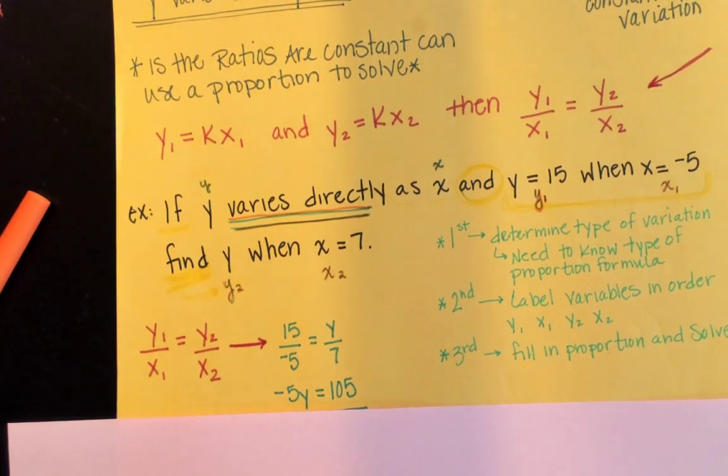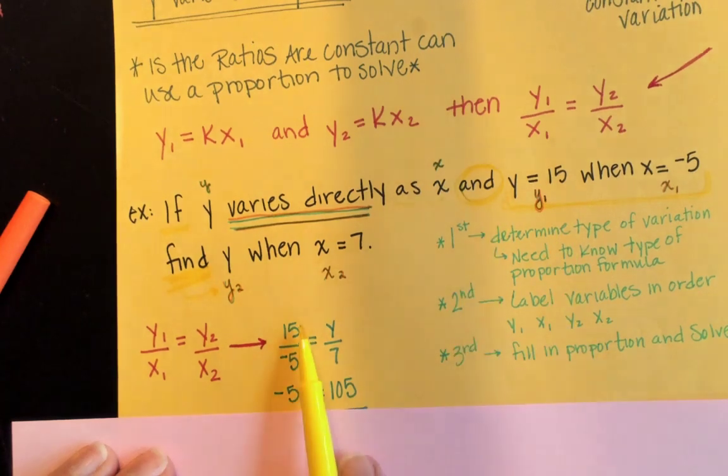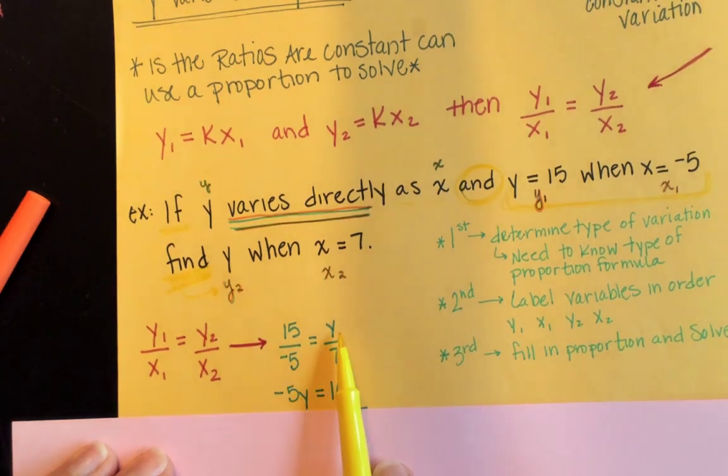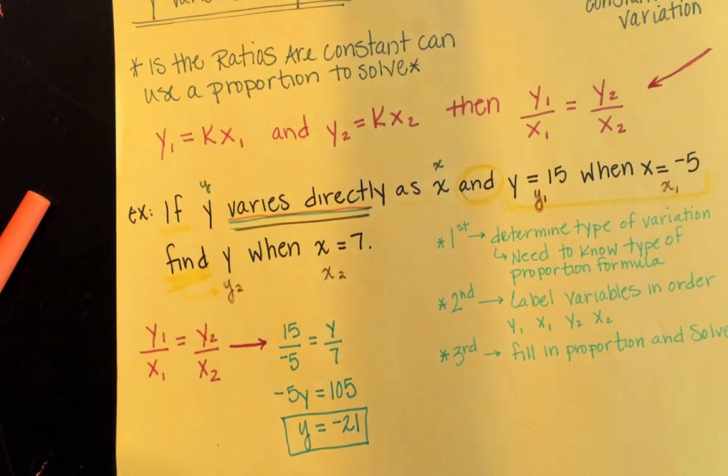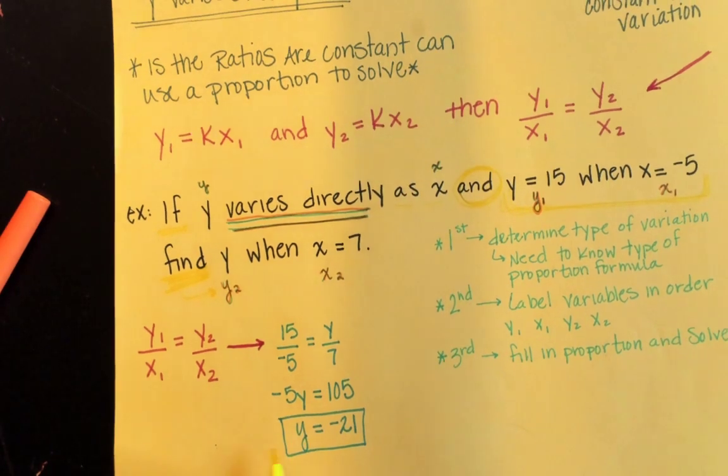So we plugged in all of our y1, x1, y2, x2, cross multiply and solve. At least for this practice situation, where there's no real word problem to label, like how many crates were necessary for how many dogs, we just found that if this would fit, y would be -21.